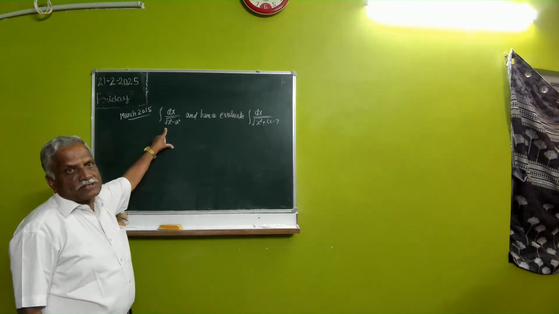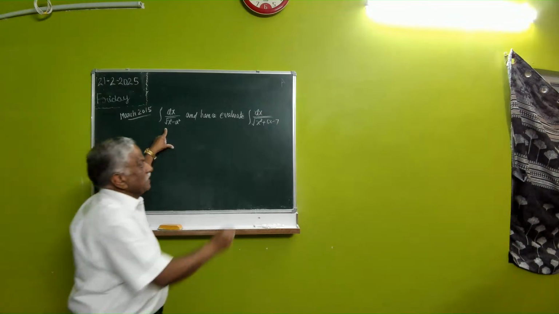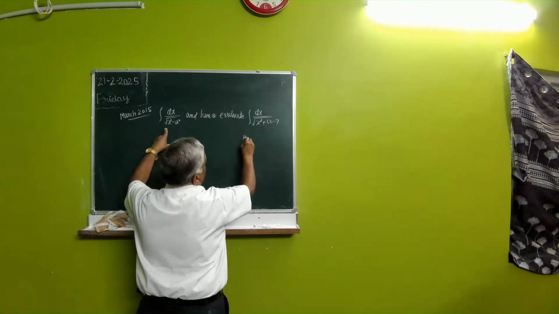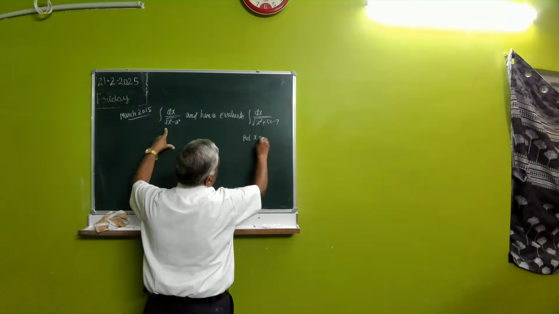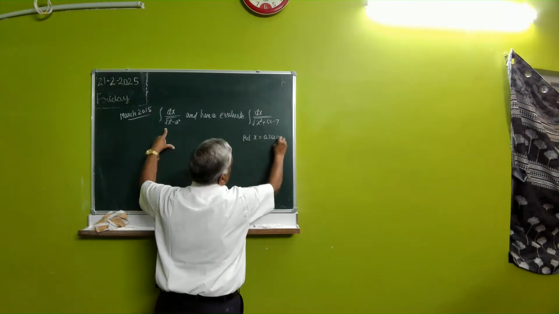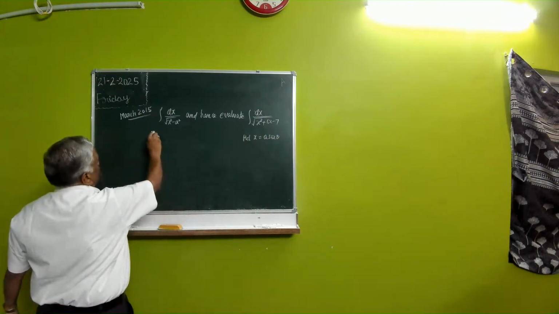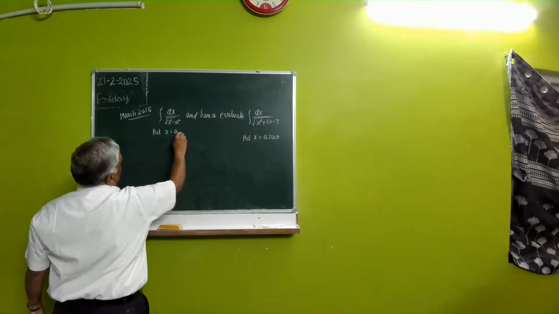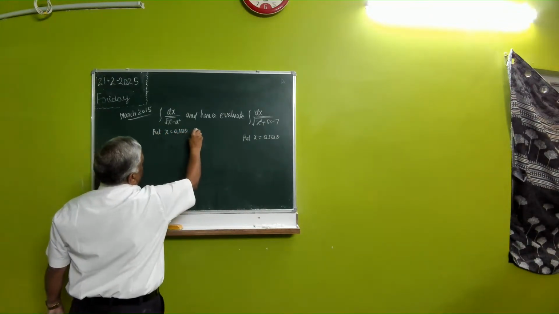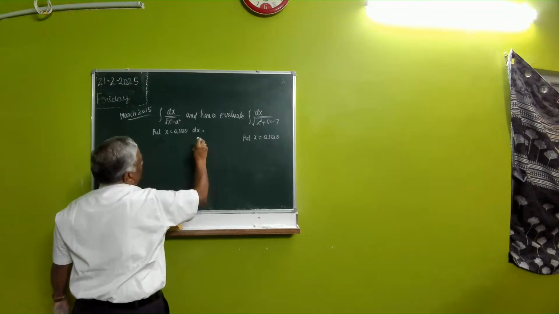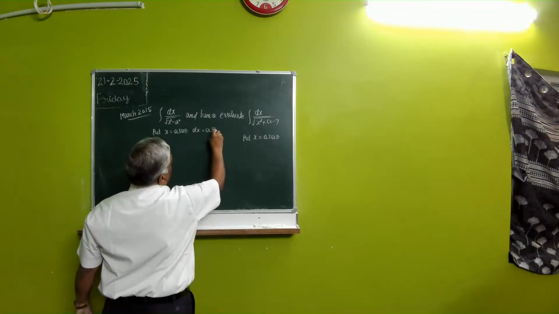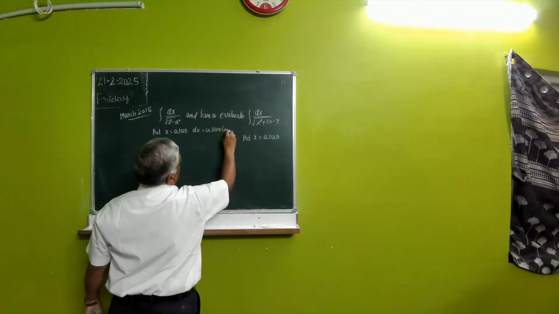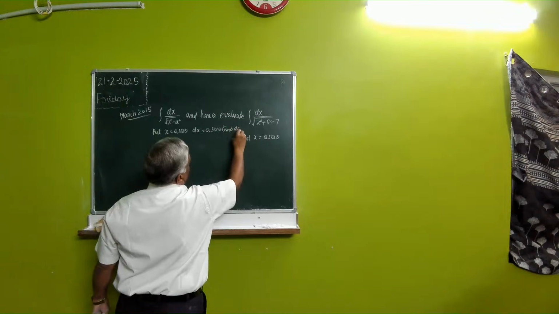In the previous problem I suggested, you got x square minus a square, put x is equal to a secant theta. What is dx? a secant theta tan theta d theta.